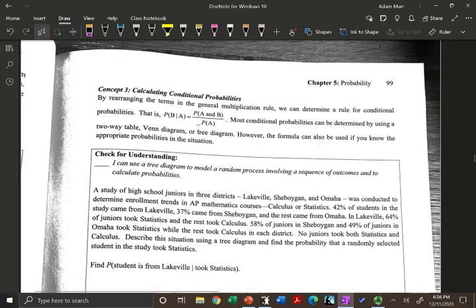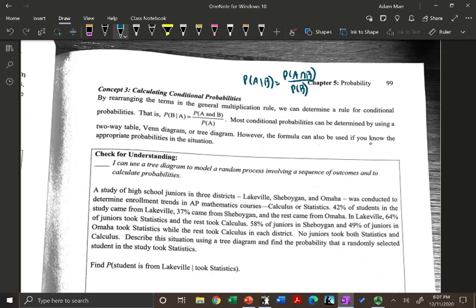I already talked about this. The probability of B given A, or the other way around, A given B, it doesn't matter, is going to be, remember, the probability of A and B divided by the probability of B. Most conditional probabilities can be determined using a two-way table, Venn diagram, or tree diagram.